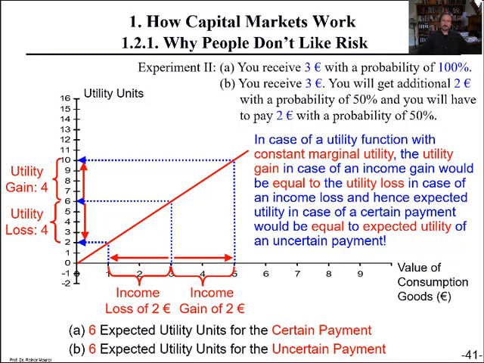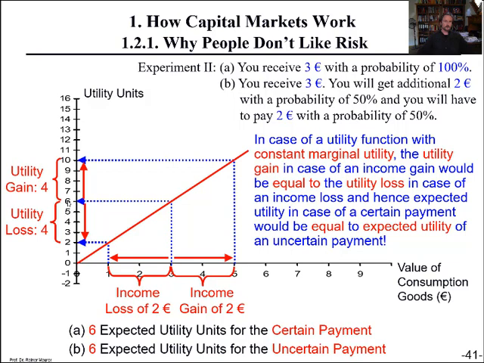As a result, the expected utility from the uncertain payment is equal to 10 plus 2 times 50%, 6 utility units. Hence, expected utility in case of a certain payment would be equal to expected utility in case of an uncertain payment.